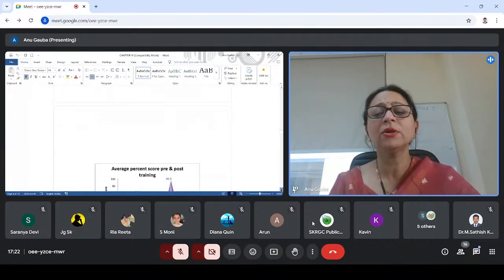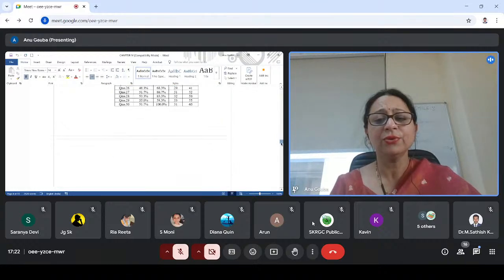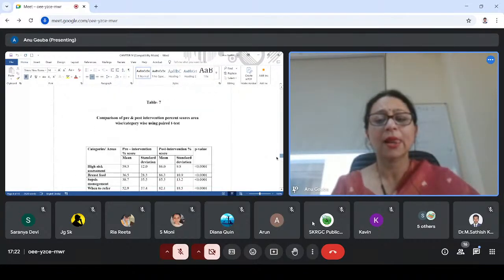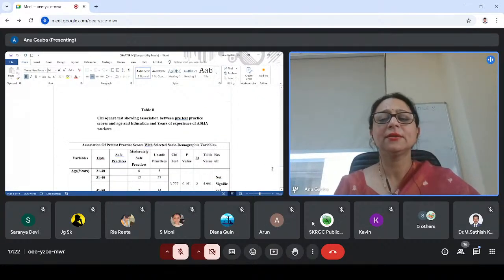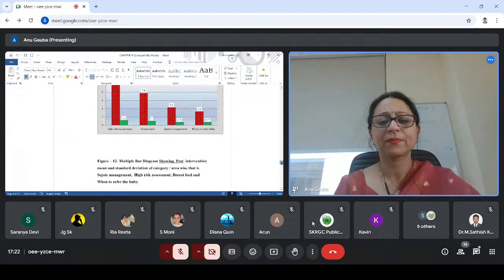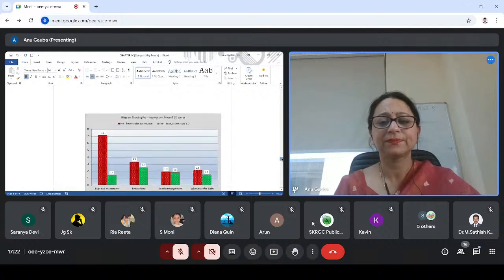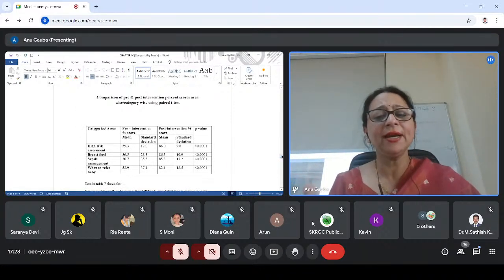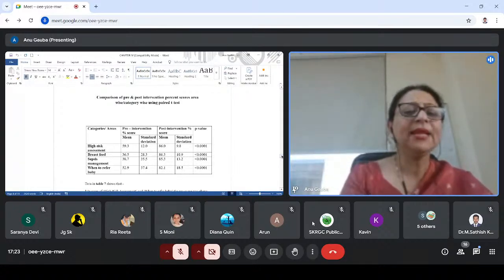Now, when we want to find out the correlation between the variables, that is what I will show you. Now, see, this is association only. Okay, this is category wise. I have divided this: pre-intervention marks, post-intervention marks, right? Mean, standard deviation.